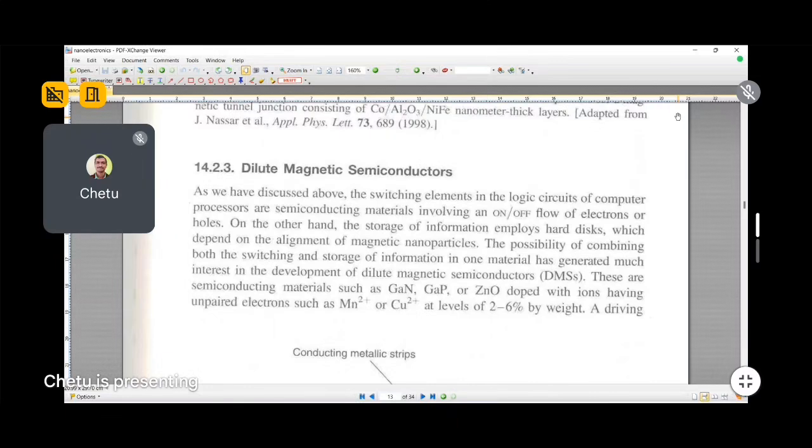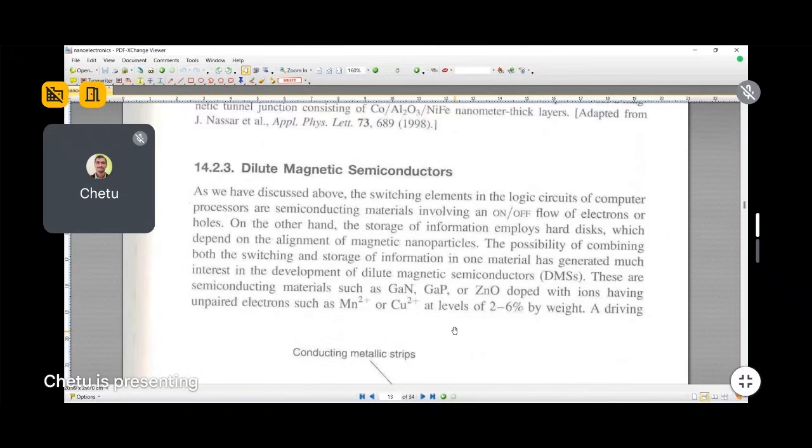So, in order to understand a dilute magnetic semiconductor, we have to take a semiconducting material and dope it with some materials like Mn2+ or Cu2+ impurity, at the level of 2 to 6%.